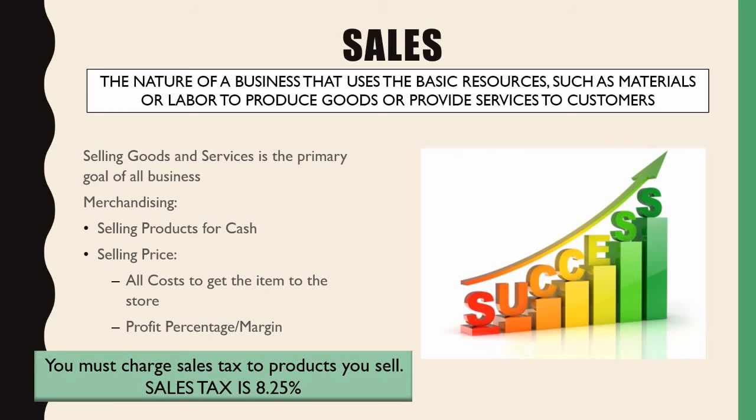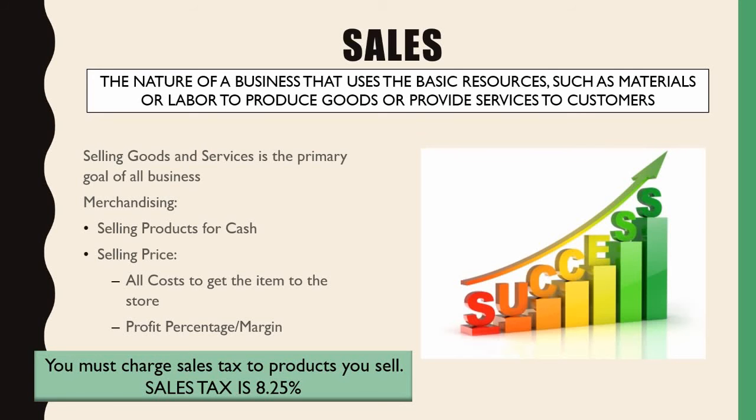We have to determine a number that makes sense to us, that creates a selling price that covers my cost of goods sold, but also covers all of the expenses it takes to operate the business.